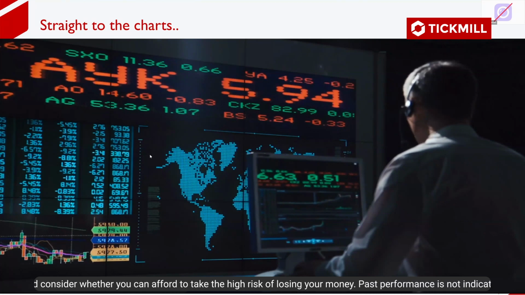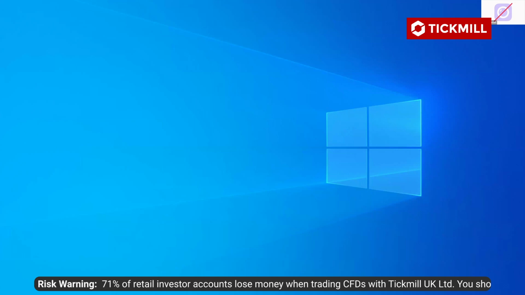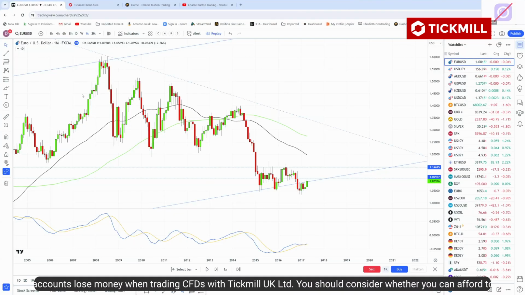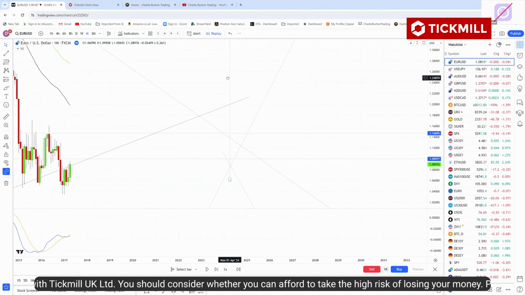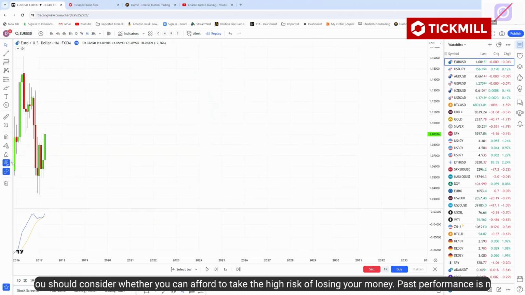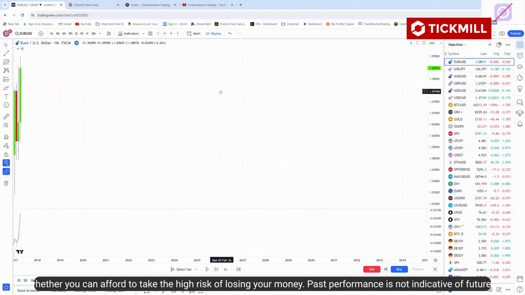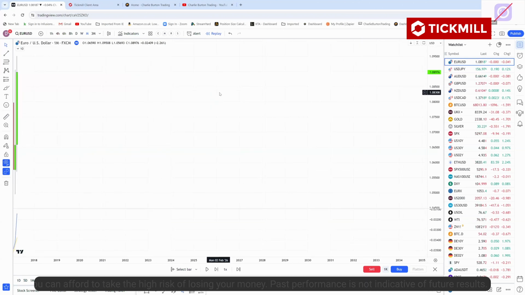Right, let's get into this then. Let's get rid of the charts and the screenshot and bring up the charts. What I'm going to do first of all is use a pen and take some trend lines off of that chart. We're just going to put that to the side for a moment.